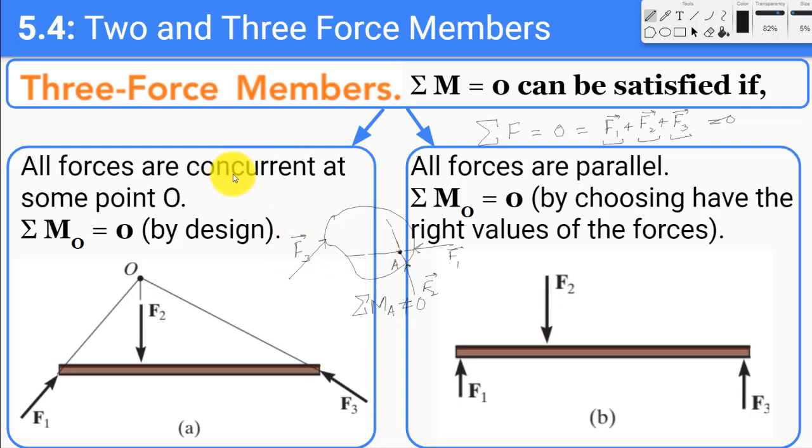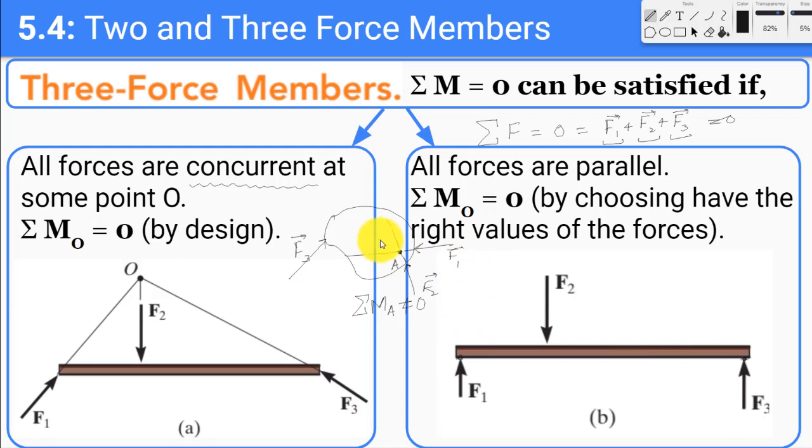So that is why we can either have concurrency, where the lines of action of all the three forces meet at some particular point, or we can have all the three forces parallel, in which case we do not have a point of concurrency even for two forces. The moments of these two forces can cancel out at this point, and the moments of these two forces can cancel at this point.